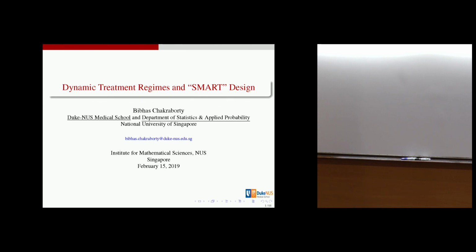But today my talk is more of a tutorial, which is meant to be a review of this area, and I will get to some of the relevance and application of this methodology in the mobile health context, but not from the get-go. So it will be a more general thing, but this is a related area, and as you will see, it will naturally move to a point where mobile health applications are relevant.